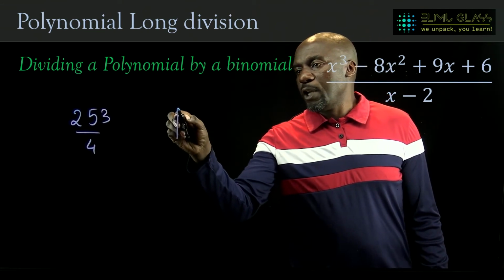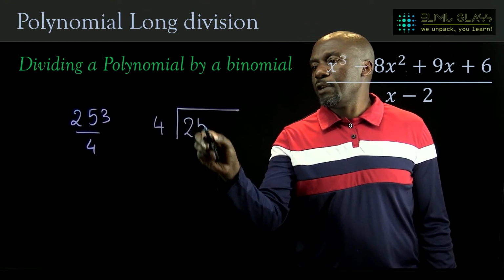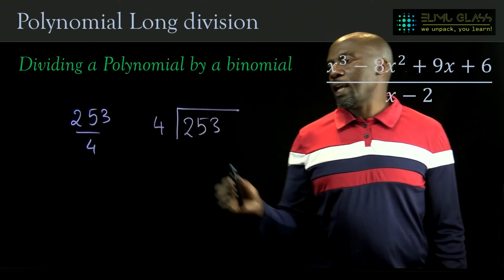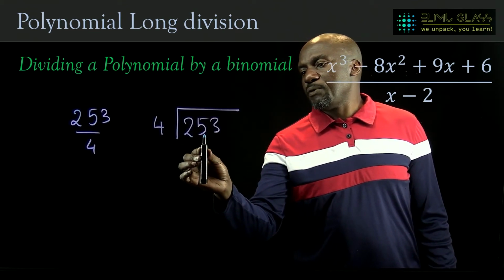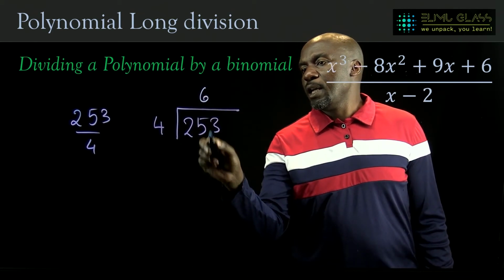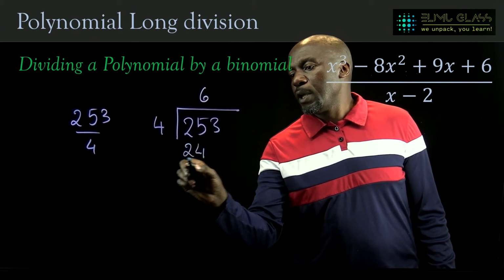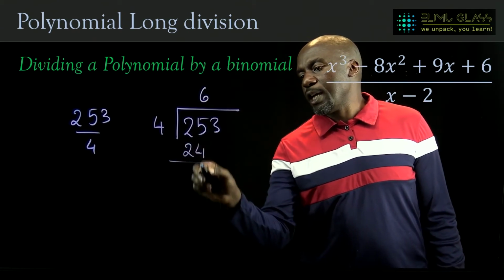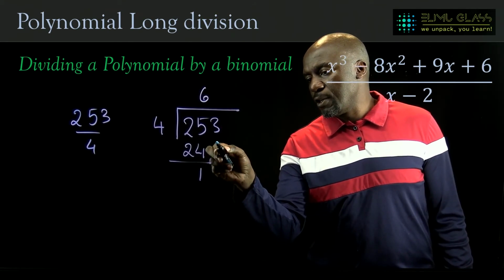Hopefully you have learned to do this. 4 out, 253 in, and then we say 4 does not go into 2, but 4 goes into 25 6 times. So we write 6 there. 6 times 4 is 24. Then we subtract, we get 1 as a remainder, and we bring the 3 down.